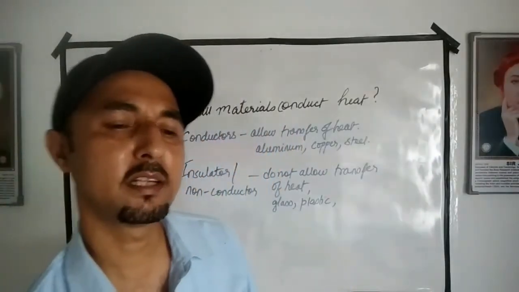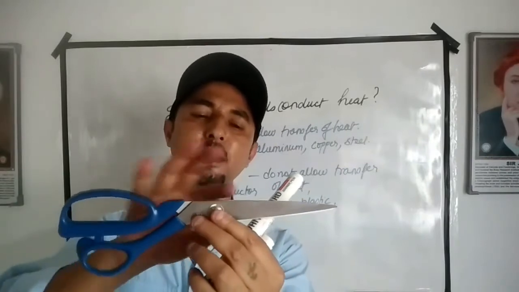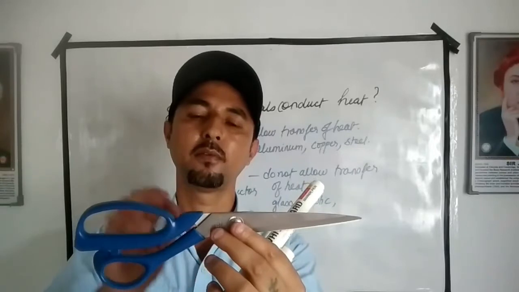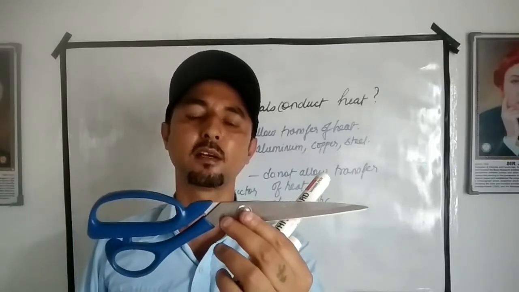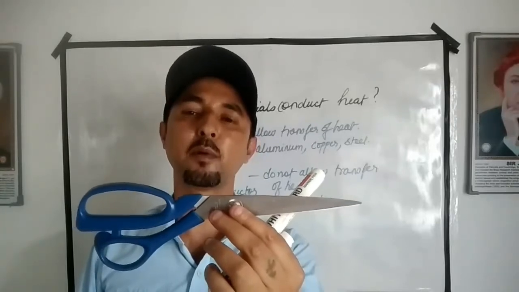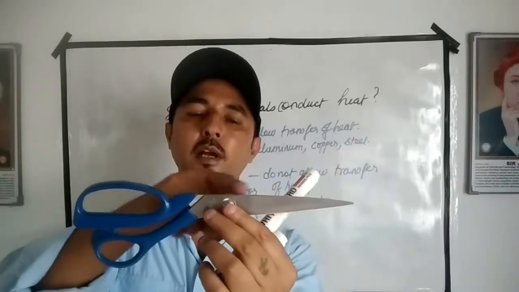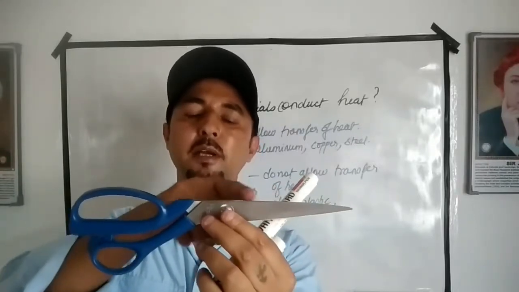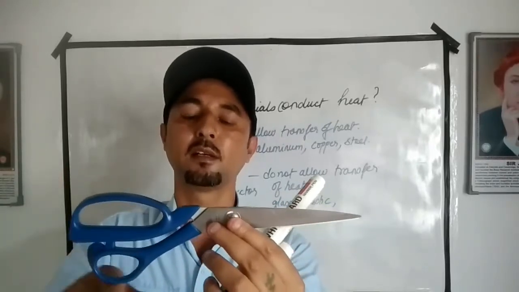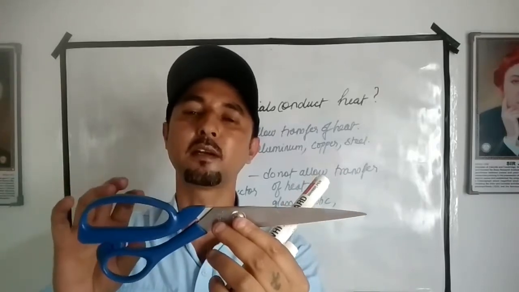Let us take a small example of this scissor. A pair of scissors with me. Very easily you can identify the conductor and the insulator part of it. Well, to tell you, the cutting portion of this pair of scissors is the conductor, whereas the holding portion or the handle is the insulator.